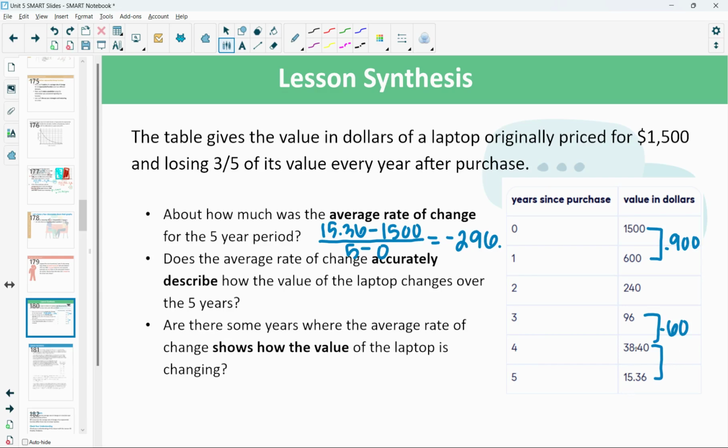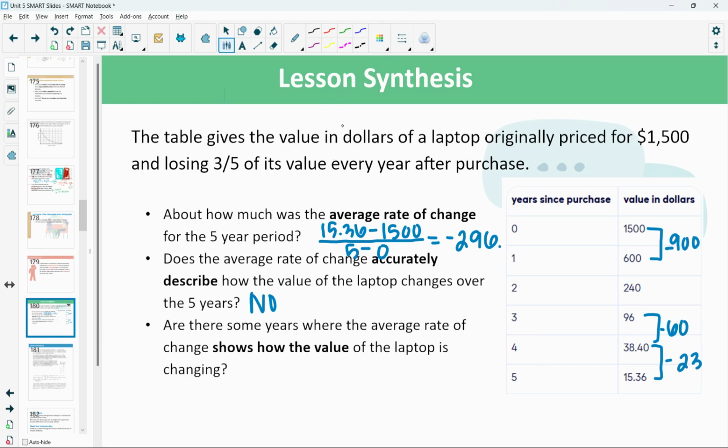And then 38 minus 15 is really only about a $23 decrease. So it's losing a lot of value in this first year and then not as much value in those final years, okay, at least as far as in dollars per year. So I'd argue probably not. This doesn't do a very great job.